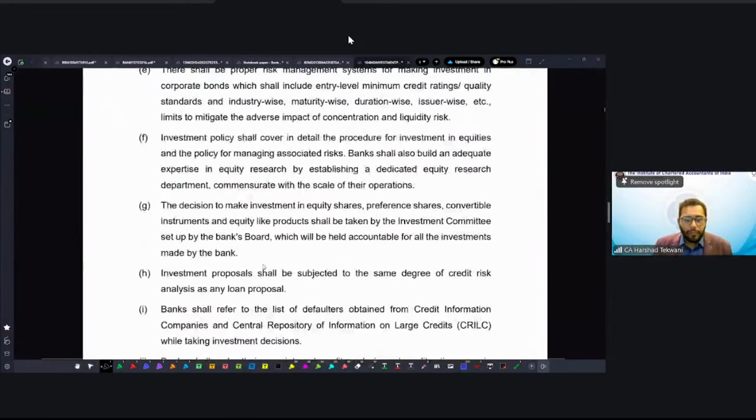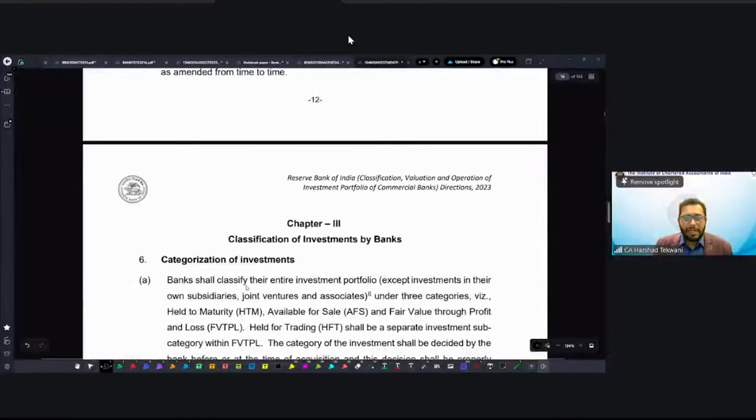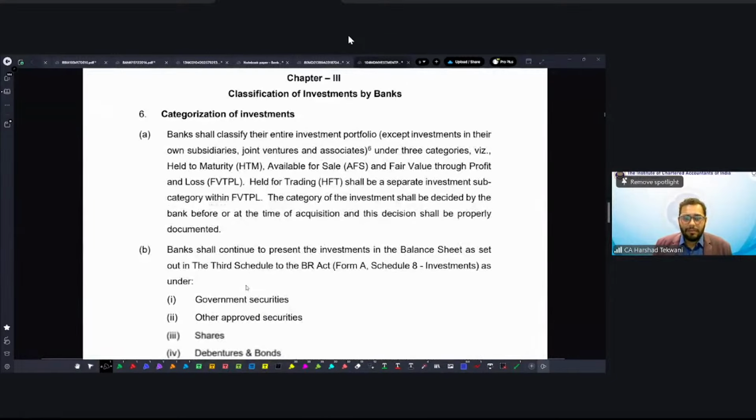Now, if I talk about the categorization of investments, the categorization of investments for banks is basically into three categories. One is held to maturity, one is available for sale, and the third category is fair value through profit and loss account. Held for trading is a subcategory of fair value through profit and loss account, where you are holding that investment for trading purposes.